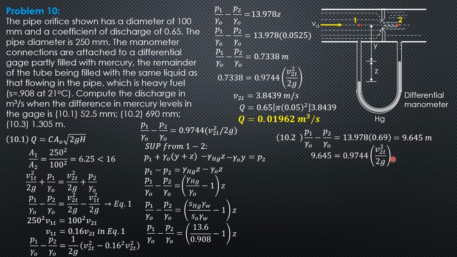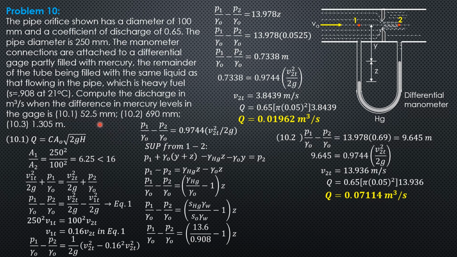So we can now compute V2, and it is equal to 13.936 meters per second theoretical. We then substitute into this equation. We just replace that by 13.936. So 0.65 pi times 0.05 squared times 13.936. So we have Q equals 0.07114 cubic meters per second.